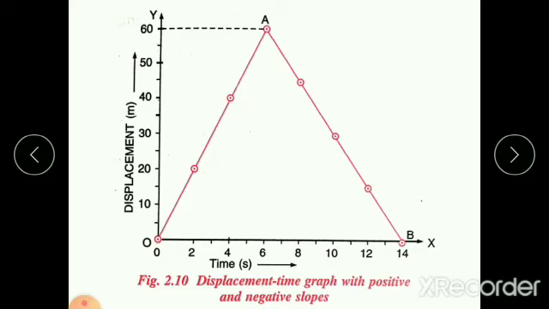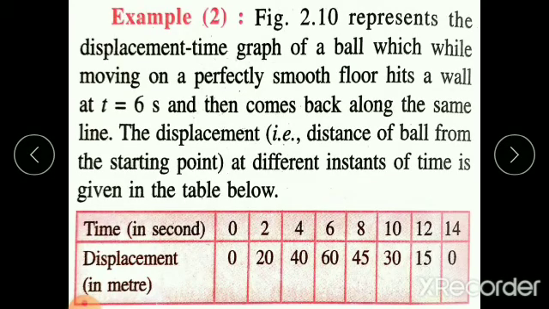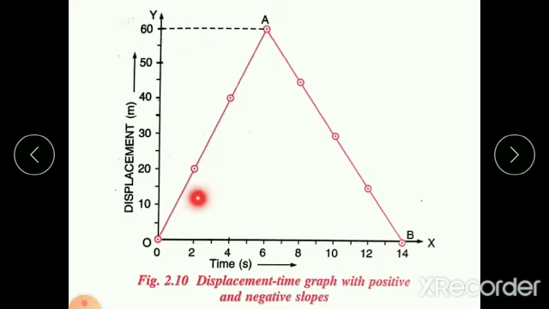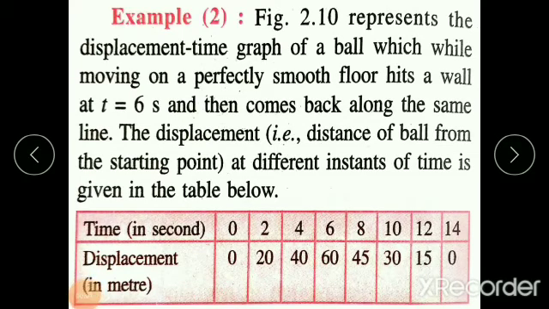At time 0 the displacement was 0, at time 2 the displacement was 20, at time 4 it was 40, at time 6 seconds it was 60, and after 6 seconds the ball hits the wall and comes back along the same line.